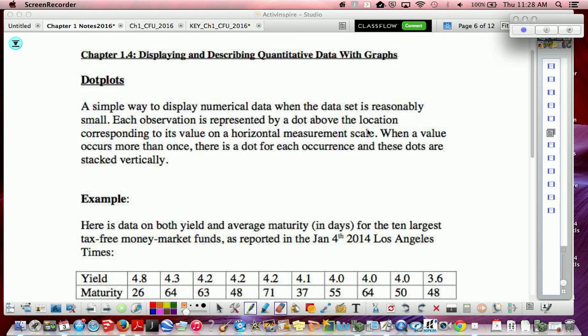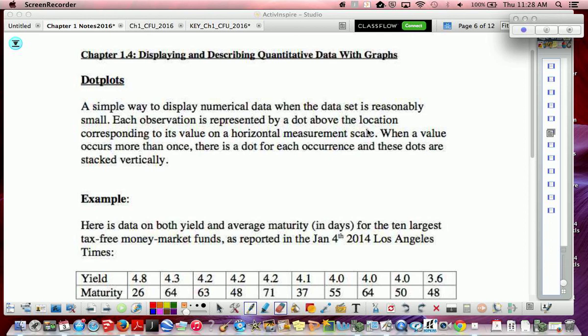So anyway, how do we go about, as it says up here, displaying and describing quantitative data? There are many different graphical displays. And these first few displays that we're going to do today, we're going to talk about dot plots and stem plots. They're a great way to display data when you have a reasonably small set of data.